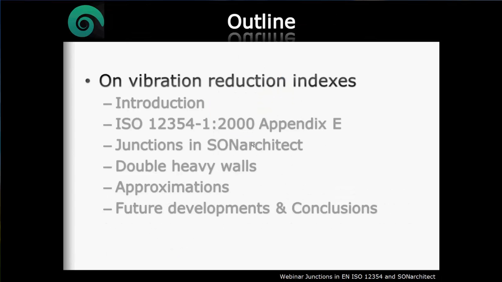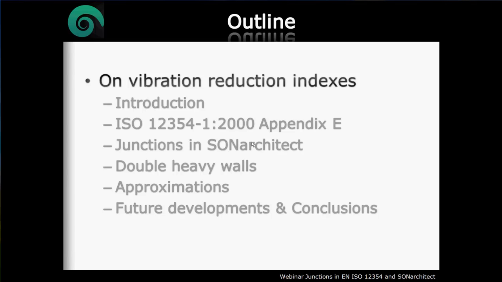This is a very basic outline of what I will talk about during these few minutes. I will introduce the concept of flanking transmission through the model in ISO 12354. Then we will review the formulas in Appendix E of the standard, which is the source of all the information needed to implement this model.